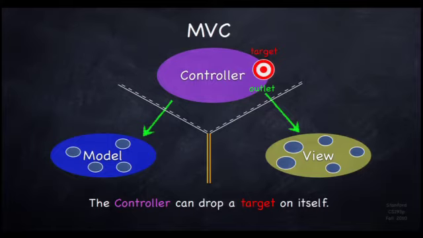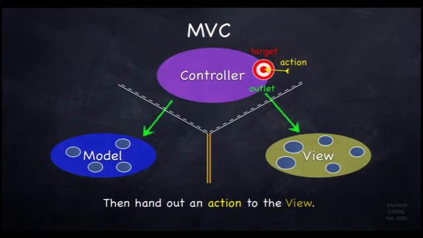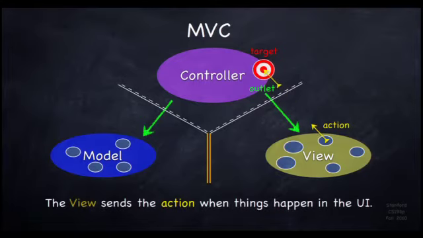The first one is called target action. The way this works is the controller basically hangs a target up outside its window, and then it hands an action out to the view that it's interested in hearing from, like a button or a slider. Then, when the button gets touched or the slider gets moved, this action gets sent to the target.